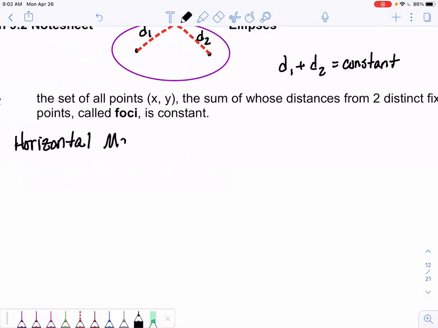An ellipse has what we call a major axis. The major axis is going to be the longest distance from either left, right, or top, bottom of this oval. So if the major axis is the longest distance going left and right, then our graph is going to be a horizontal ellipse.